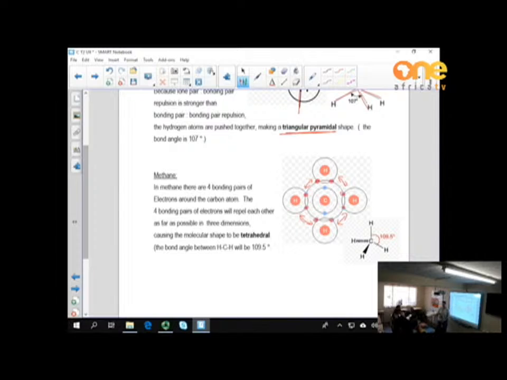There's not a force pushing it stronger from one side of that molecule. So these hydrogen-carbon-hydrogen angles will all be the same size, and they will be as far away as possible that they can get in 3 dimensions, forming an angle of 109.5.